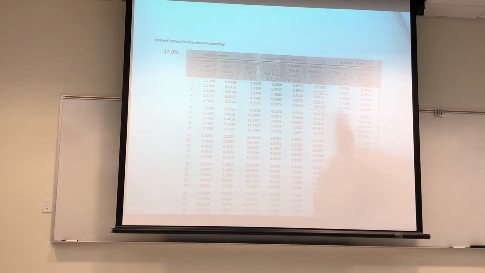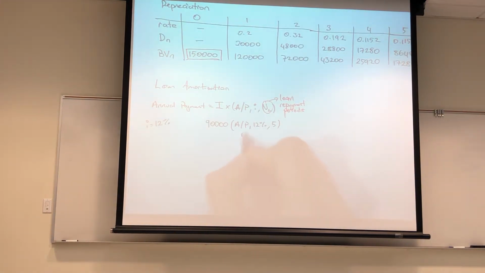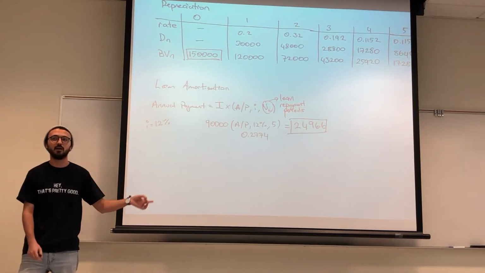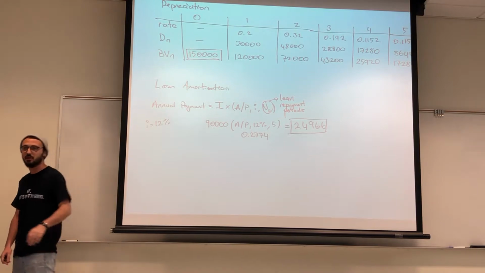Oh, here it is. 0.2774. So 90,000 times 0.2774 will be 24,966. So to this bank, every year for 5 years, we're going to pay $24,000, almost $25,000, right?